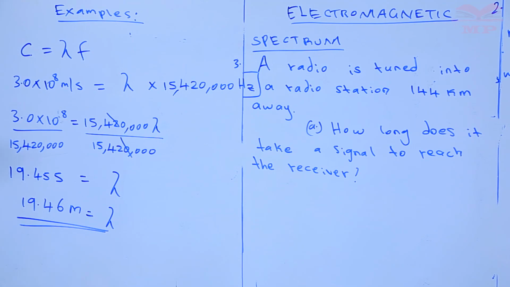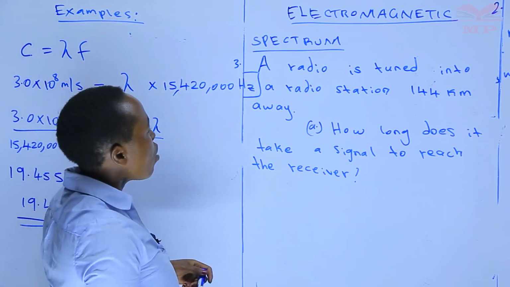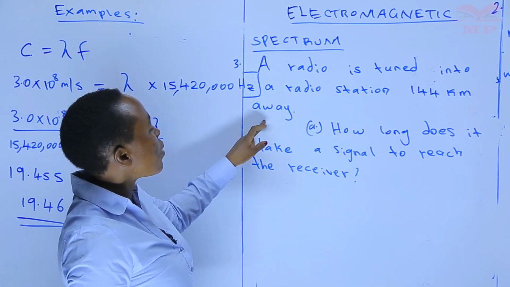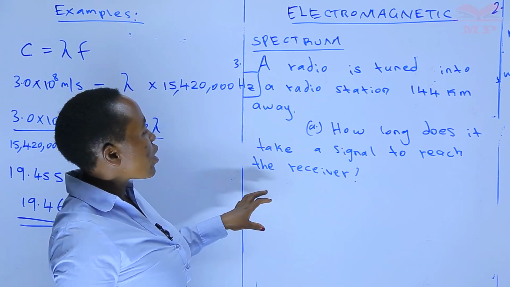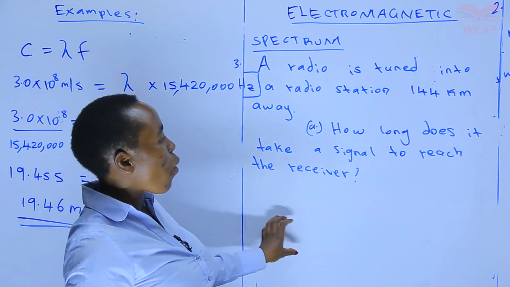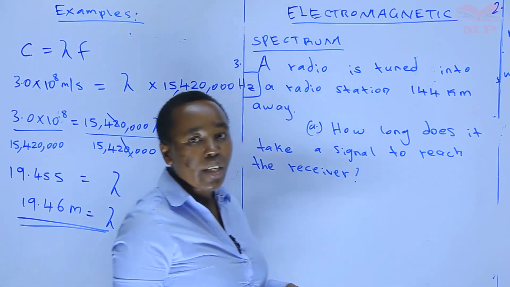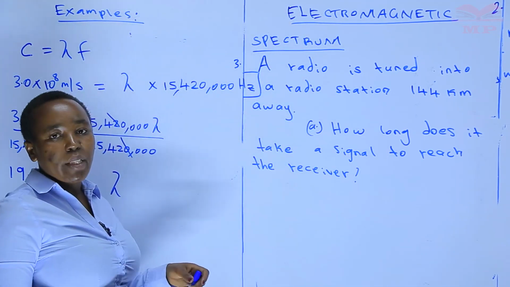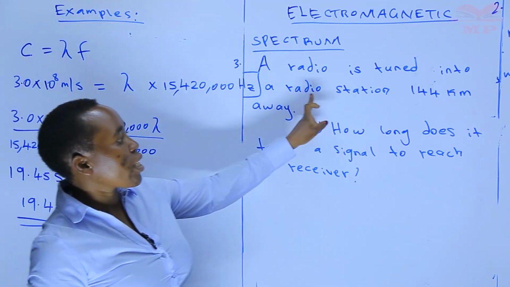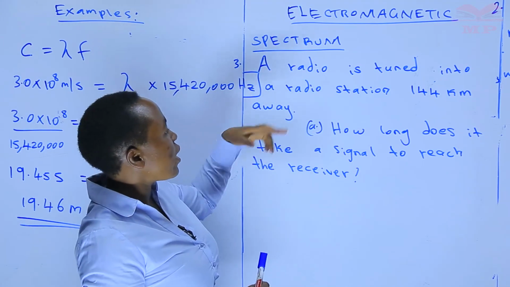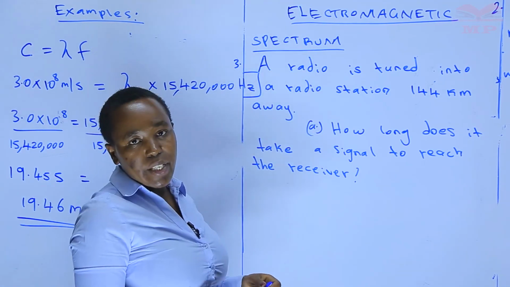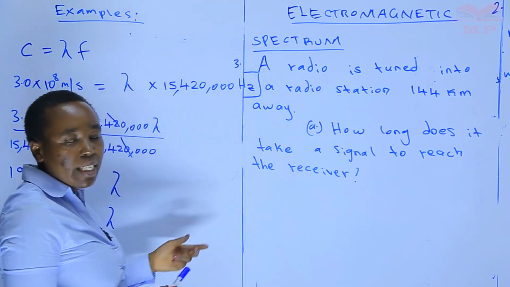A radio is tuned into a radio station 144 kilometers away. So here we have a radio which is being tuned, and it is 144 kilometers away from the radio station. In this radio station is where the radio waves are produced. They are transmitted, then received in the receiver, that's in the radio.